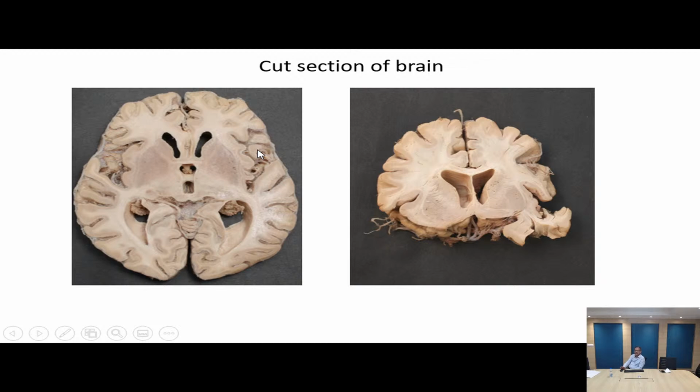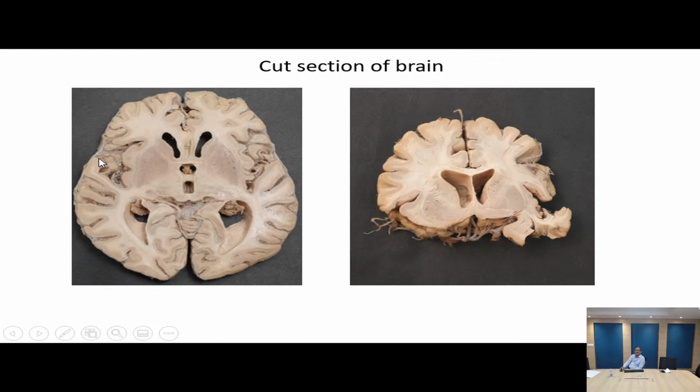There are neurons, and there is glia. The glia can again be of three types: astrocytes, oligodendrocytes, and microglia. The white matter is particularly rich in oligodendrocytes because many of these fibers are myelinated fibers, but it also has the astrocytes and the microglia within it.